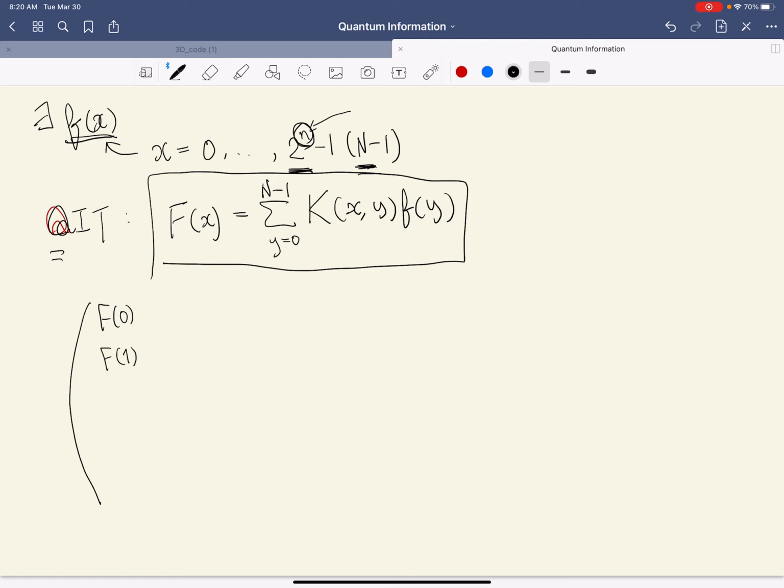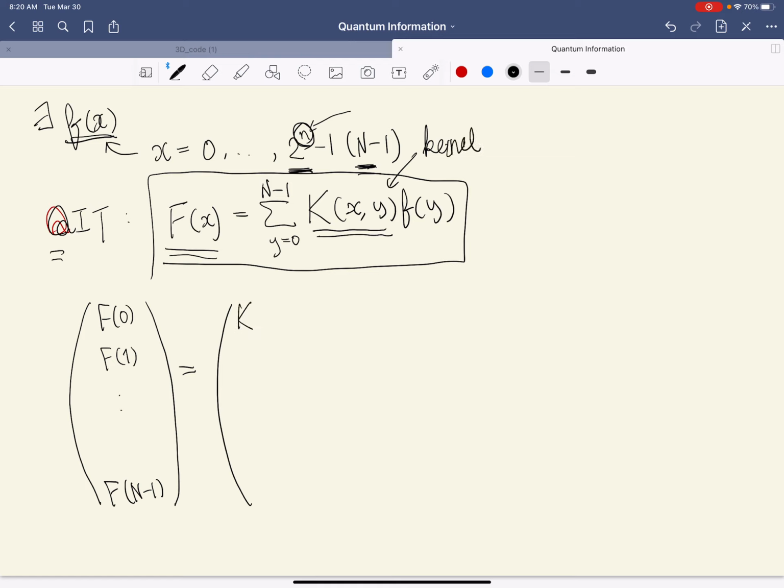Because if you arrange all of these numbers, f of 0, f of 1, etc., as a column vector like this, then this thing which is called the kernel is obviously a matrix.